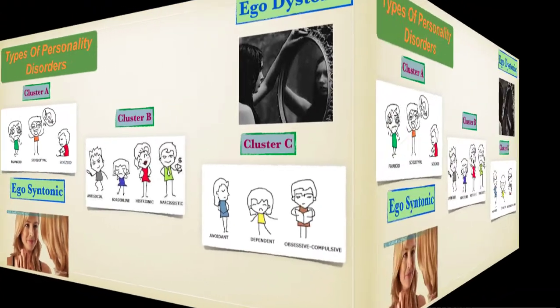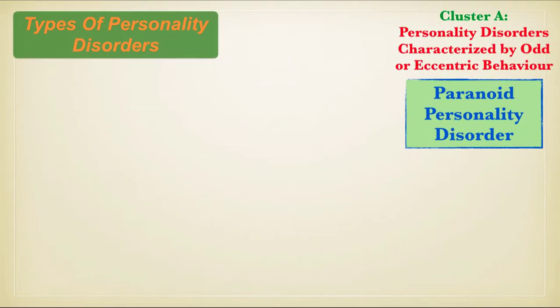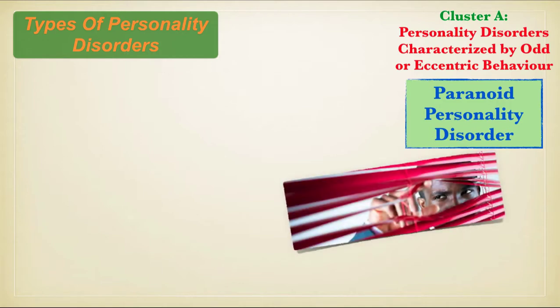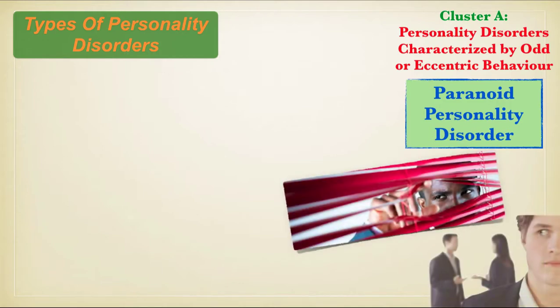Let's proceed. The first, in cluster A, is paranoid personality disorder. People with paranoid personality disorder are unduly suspicious and mistrustful of others, to the point that their relationships suffer. They do not hold the more flagrant delusions that are typical of people with schizophrenia.